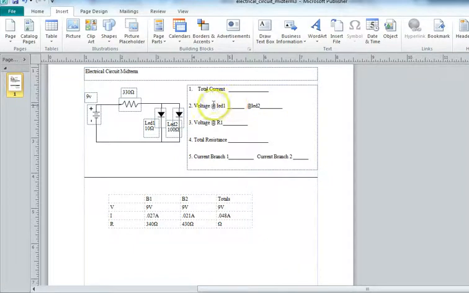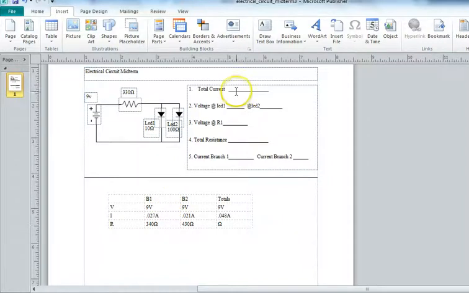And now, if we look here, branch 1 has 9 volts flowing through it, and branch 2 has 9 volts flowing through it. So no matter where you check on your parallel circuit, you're going to get 9 volts in your circuit.